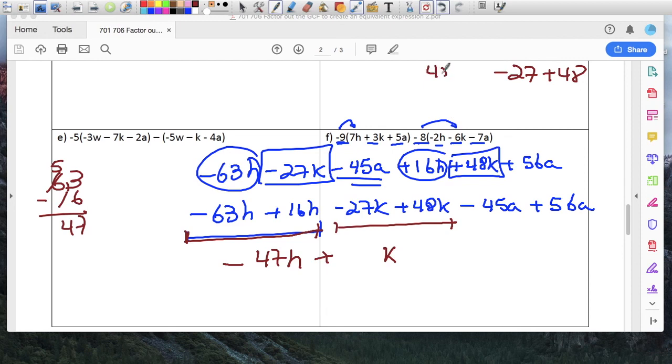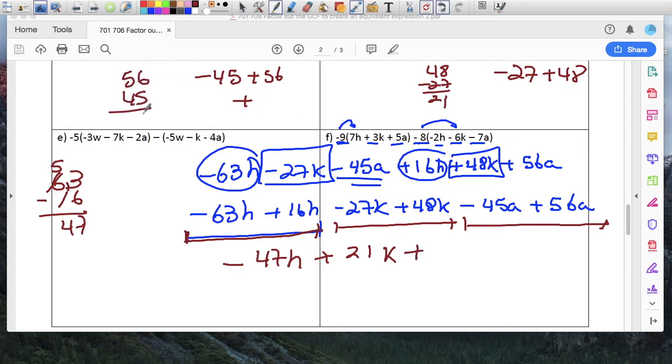So it's going to be 48 minus 27, which is 21. Over here, it's going to be negative 45 plus 56. There's more positive. So it's going to be positive something. So 56 minus 45 is 11. 11a.